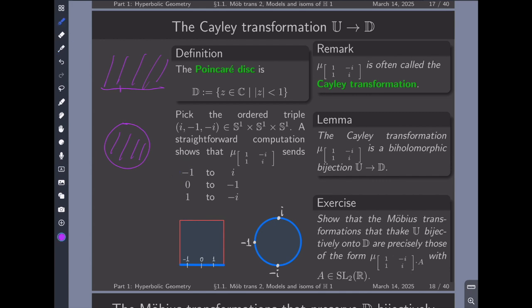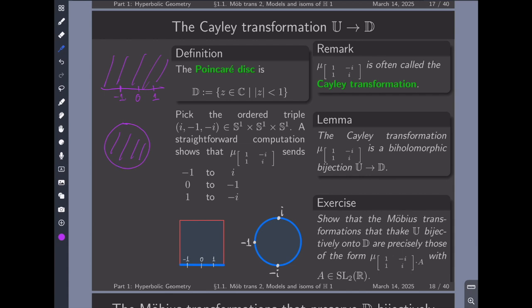0, 1, which in that order goes counterclockwise around U, in the circle surrounding U. So all I need is to choose 3 points here in an ordered way, going counterclockwise.